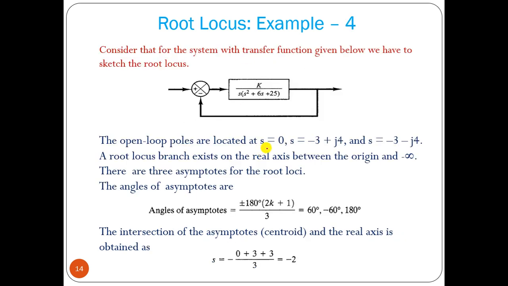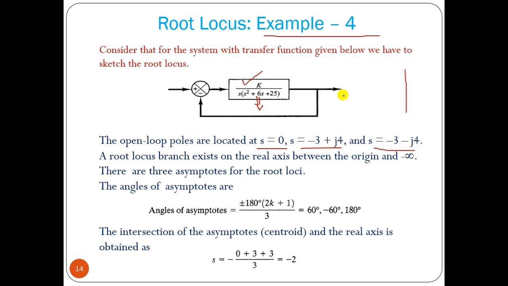Now let us solve another problem, example number 4, where we have this transfer function. From that we can readily see that we have a quadratic equation, so we have to find out the pole values. So poles are located at 0 and -3 plus minus j4.